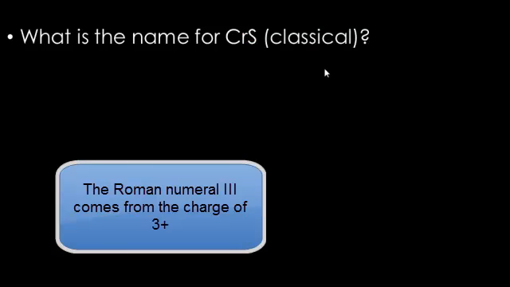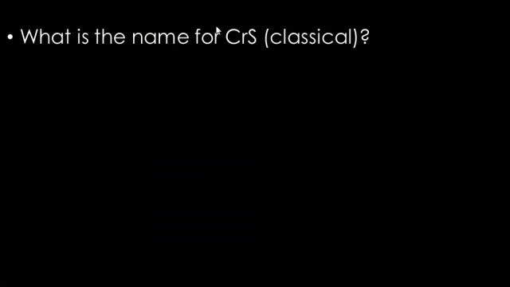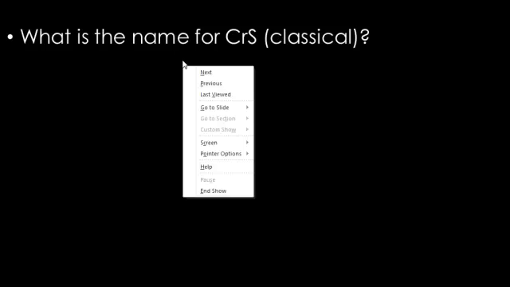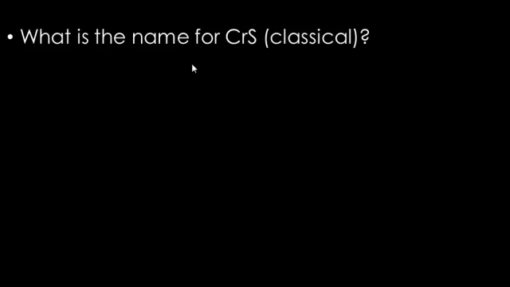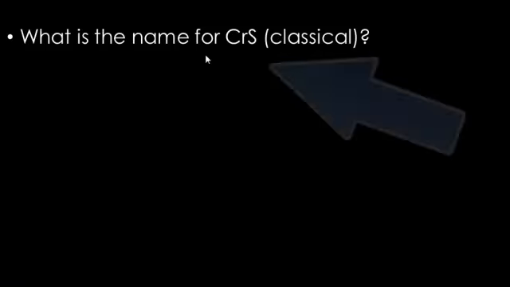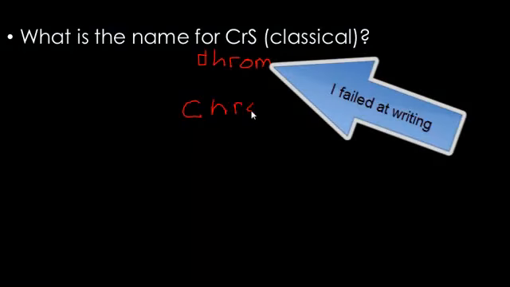And then the classical name for CrS. So Cr, again, is chromium. Now, this isn't on your ion chart, so if it's not there, you would just assume that it's the regular element name and you're changing the ending. So chrom, the other form was +3.